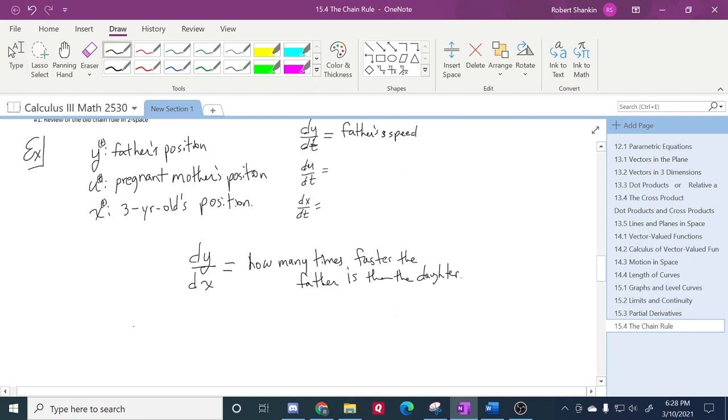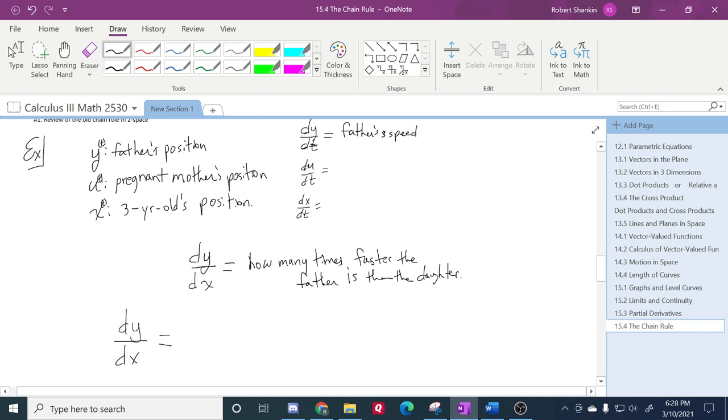Now, if you wanted dy/dx, but the 3-year-old daughter is too smart. She won't race against the father because she knows Dad's going to beat her real bad, so she refuses to. So, I suppose this is what we really wanted. We wanted to get dy/dx.